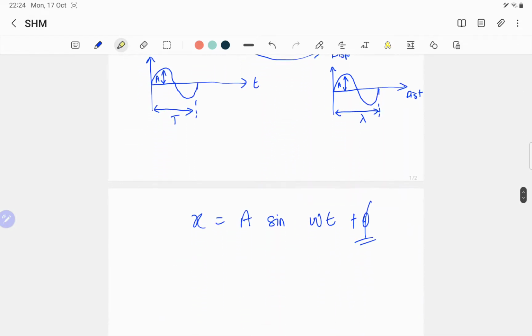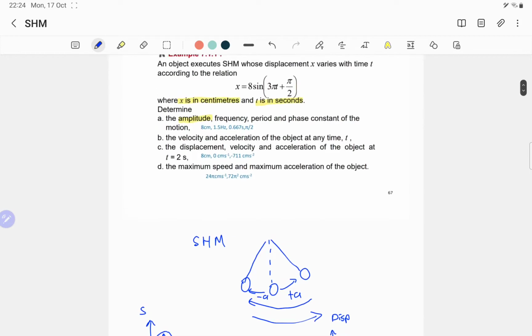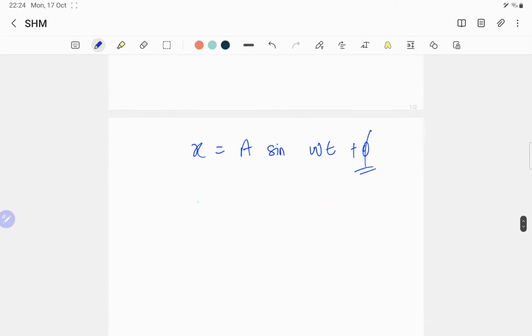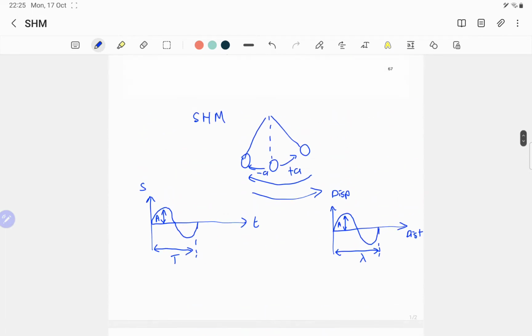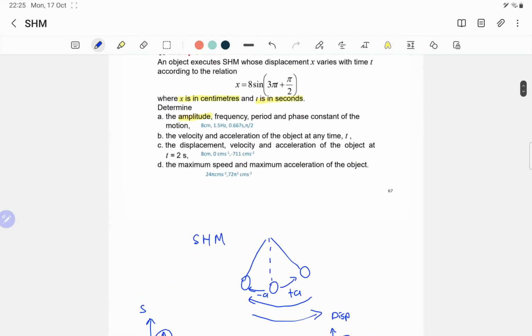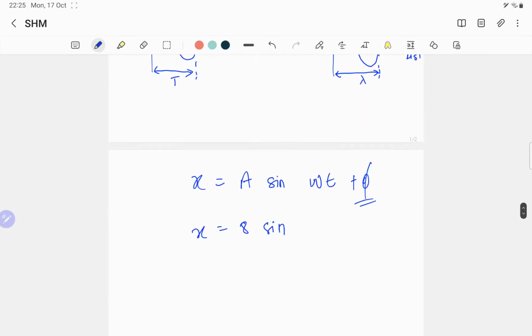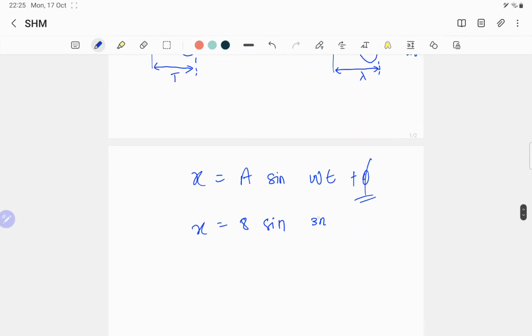Just compare: we have x equivalent to 8 sine (3 pi t plus pi over 2). Compare, A will be equivalent to 8.